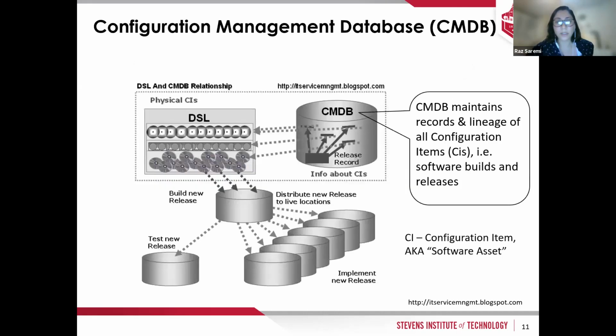So we already know that when we work on configuration management, we try to centralize all the information. That's why we have a database there. Every time that we create a change, we save that there as well. We always have a copy there, so it maintains the records and lineage of all the configurations that we changed.